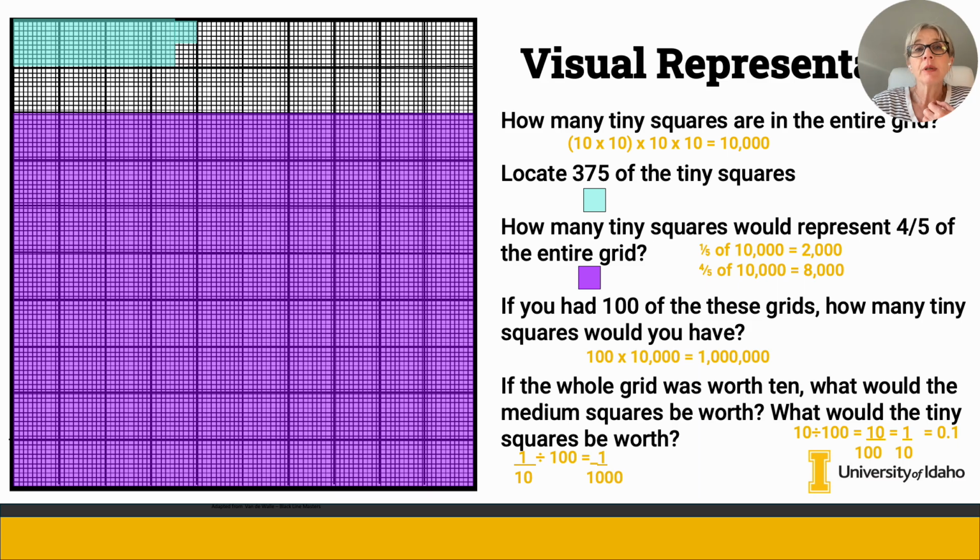If each row is 1,000, then 2 rows, or 1/5 of the grid, would be 2,000. We can take that away from 1 to find 4/5, or iterate that 2,000 4 times. Either way, we get 8,000.